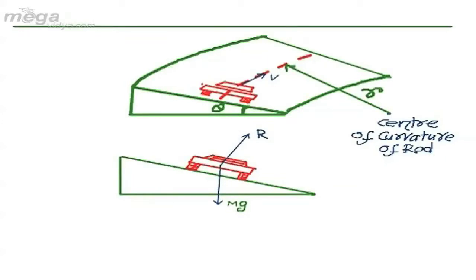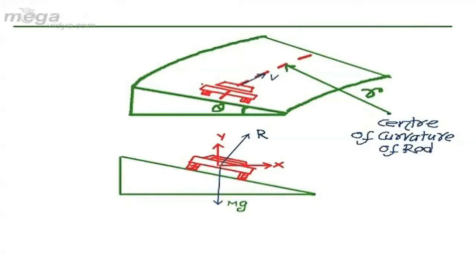If we take a reference frame at the car itself, taking origin at the center of gravity of the car, obviously as the car is turning on a circular track, the reference frame chosen by us will be a non-inertial reference frame with acceleration v square by r. It is the radial acceleration.